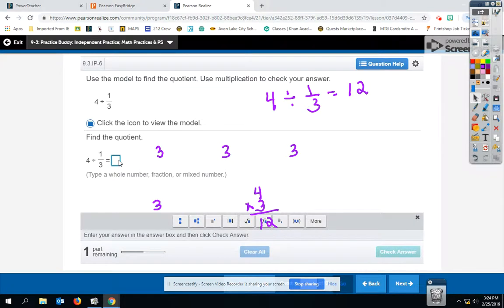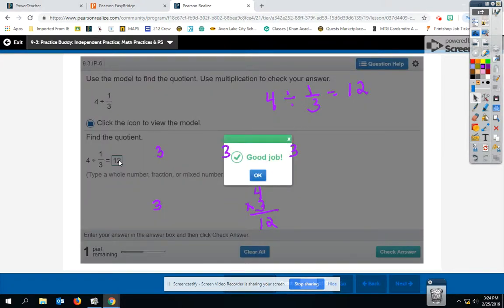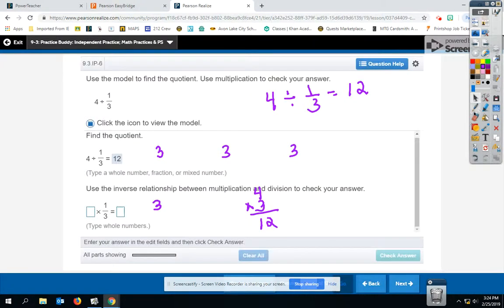So 4 divided by 1/3 is 12. Once we do that, we're going to use multiplication to check our work. In other words, we are going to work backwards, multiplying to see if our answer is reasonable. So I take my quotient and I multiply it by my fraction.